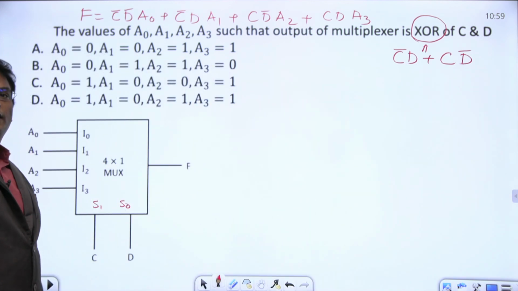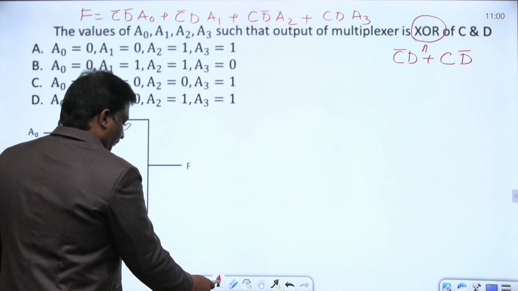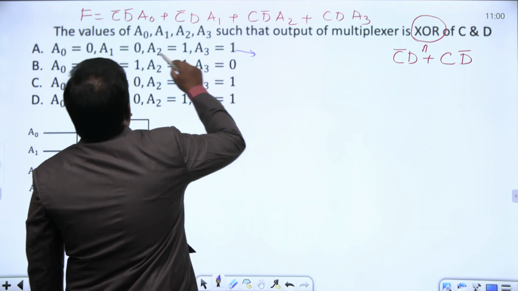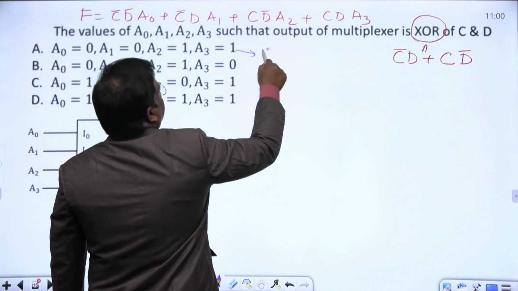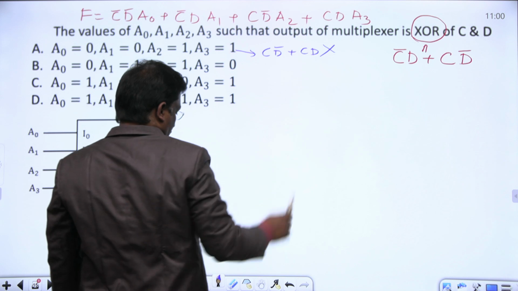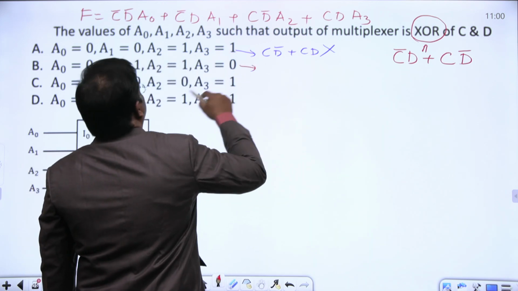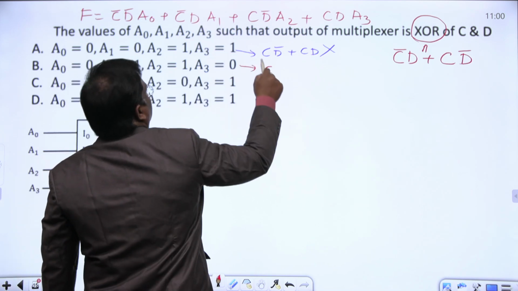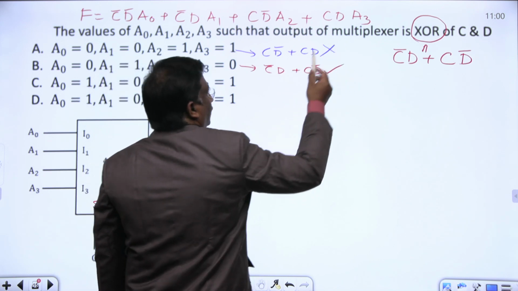If I choose the first option, 0, 0, 1, 1, we only get C D bar plus C D. This is not XOR. If I choose the second option, 0, 1, 1, 0, substitute here: C bar D plus C D bar. Right, finished, the answer is finished.